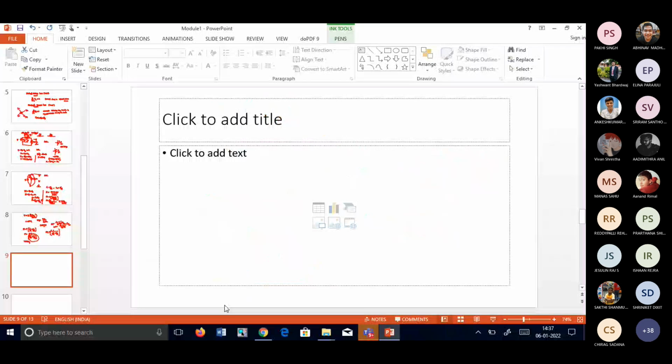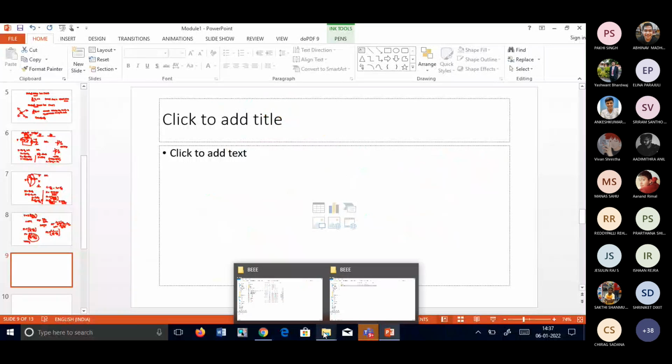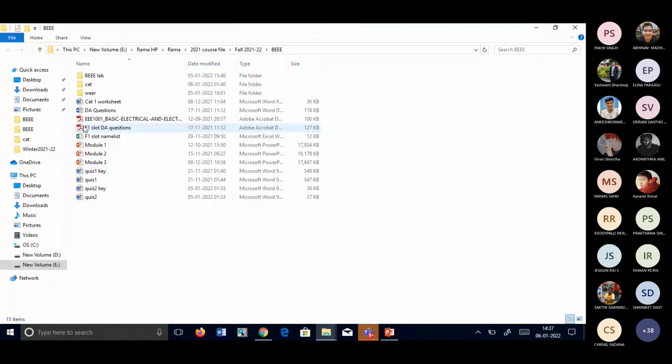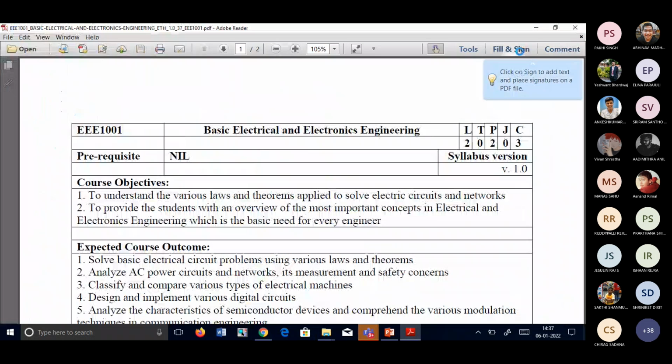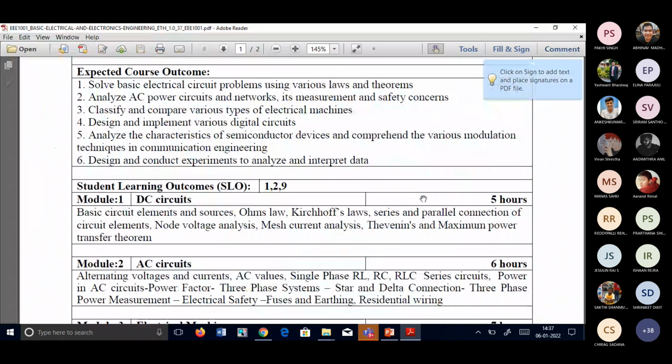So now, where are we in the syllabus? In Module 1 we are starting. Module 1: basic elements and sources, Ohm's law, Kirchhoff's laws, series and parallel combination of the elements. Now we have seen small introductions. All these things we will see briefly while doing the analysis.